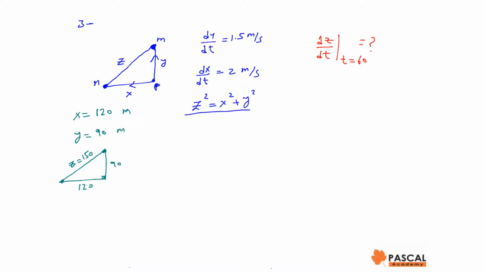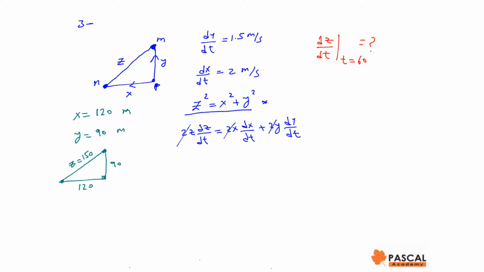Let's take the derivative from the equation that relates the quantities together. 2z dz/dt, derivative of z² with respect to t, equals 2x dx/dt plus 2y dy/dt.